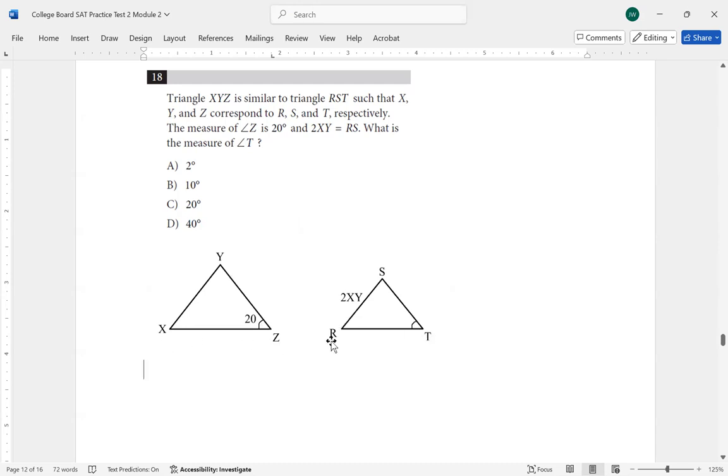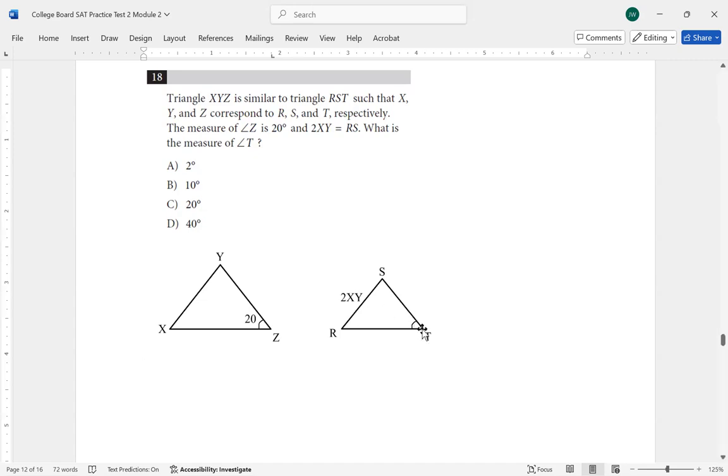So the X is matched up with the R, the Y is matched up with the S, and the Z is matched up with the T. And actually, I should have drawn RST bigger because we know RS is equal to double the length of XY. So I should have drawn this triangle much bigger. But that doesn't actually matter. The fact that RS is double XY is irrelevant to the measure of T.